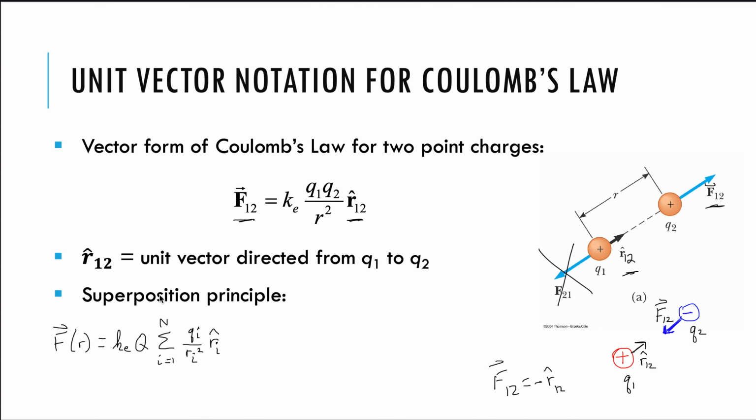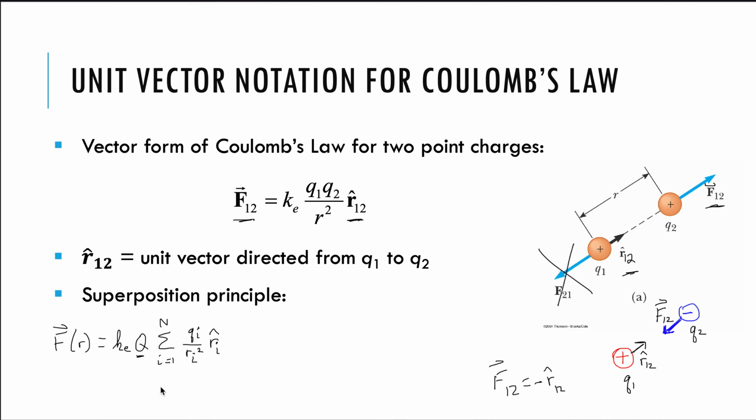We can use the superposition principle for Coulomb's law. It is written this way. In this case, this signifies the force acting on big charge Q due to a bunch of other charges.